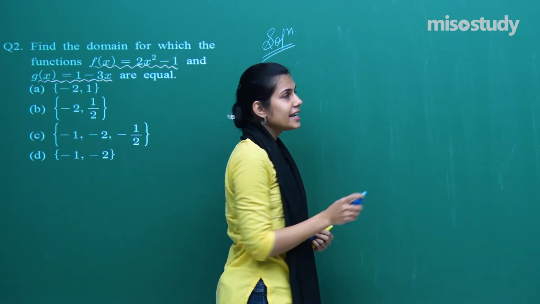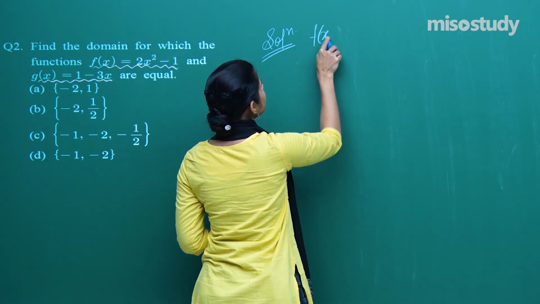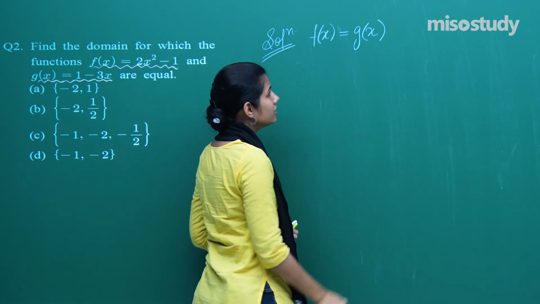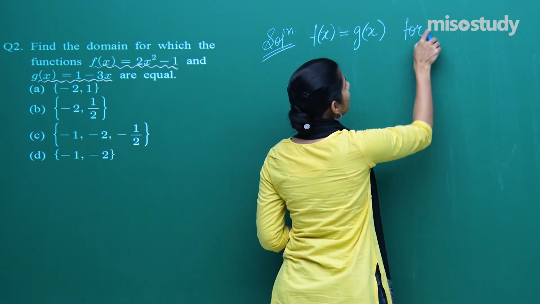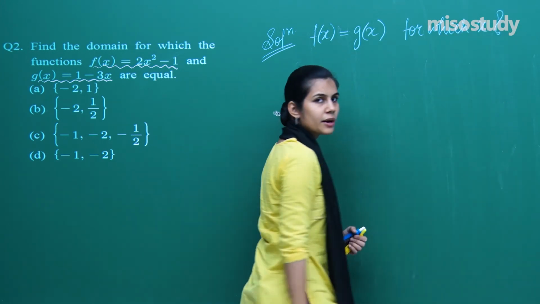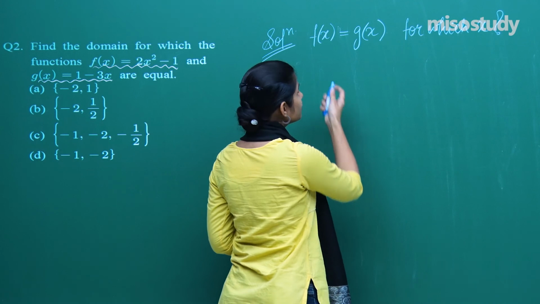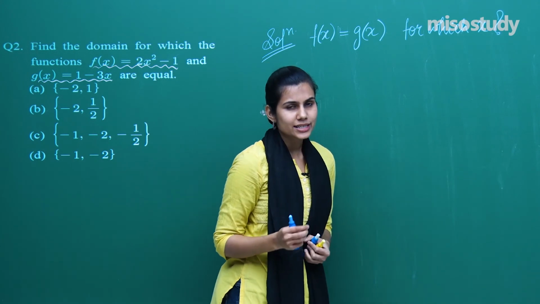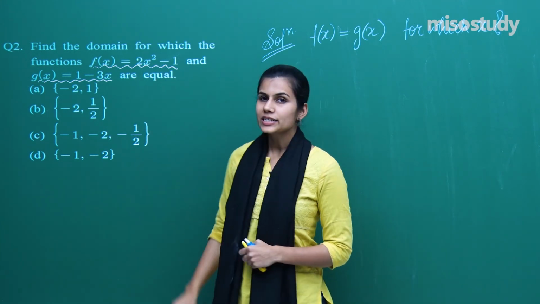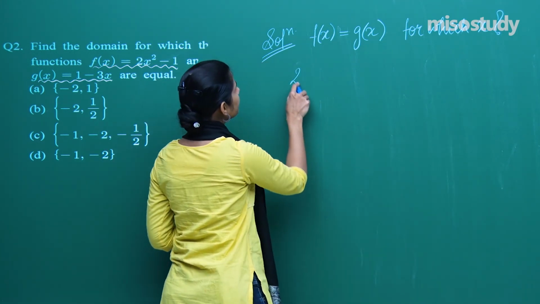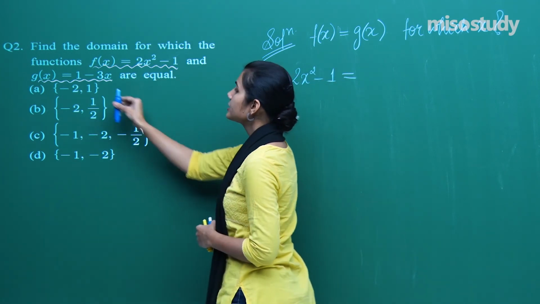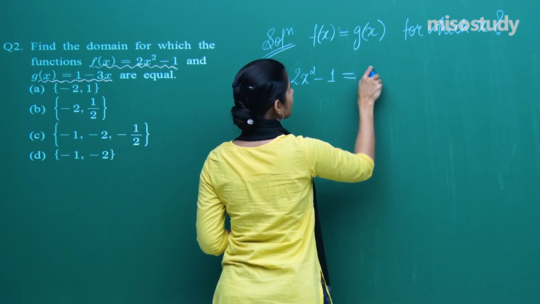I need to find x for which f(x) is equal to g(x). That is my question. So let's just substitute and see what are those x's which are making f and g equal. f(x) given to you is 2x square minus 1. g(x) given to you is 1 minus 3x.